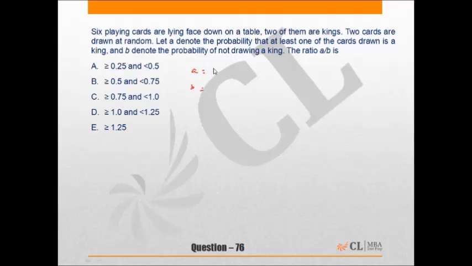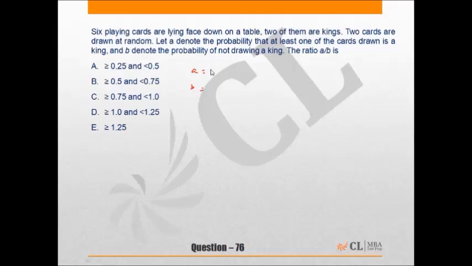Here A is the probability of drawing at least one card of king. So at least one means either we have to draw exactly one card of king or exactly two cards of king.